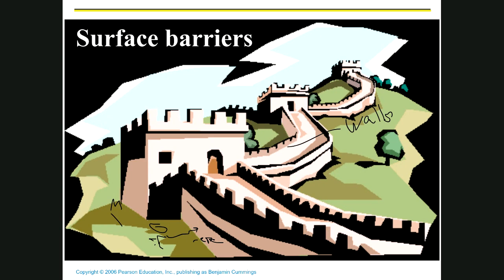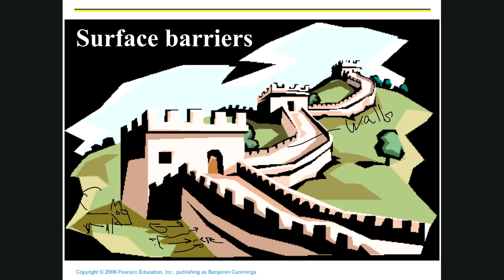So if a horse came up here, that barrier is going to work exactly the same way against the horse as it does against the person. And every single time this person comes up, this barrier is going to work the exact same way. It's not going to change. It's not going to get any better at repelling this person.